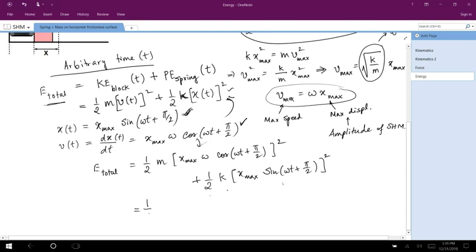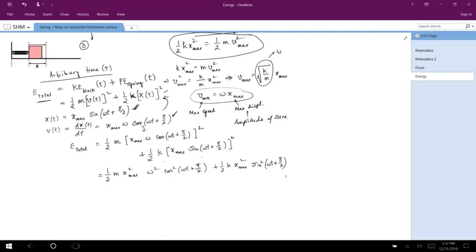Let's simplify these equations. So we have 1/2 m x max squared omega squared cosine squared omega t plus pi over 2 plus 1/2 k x max squared sine squared omega t plus pi over 2.